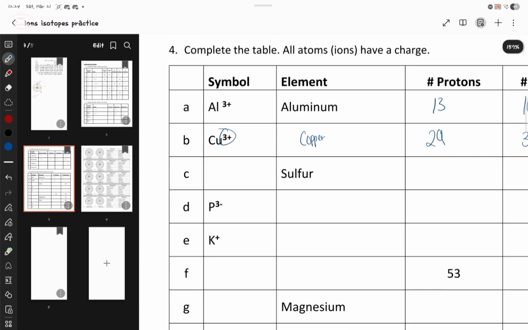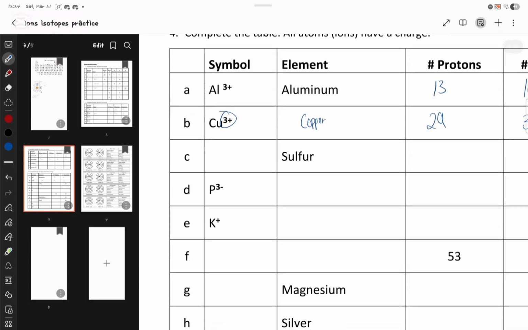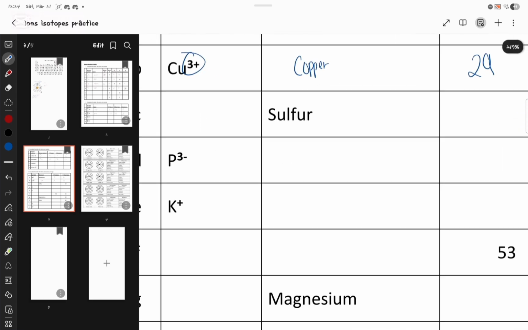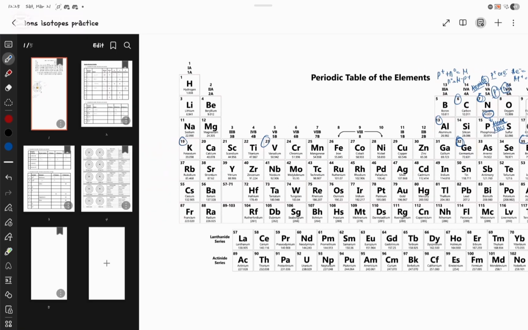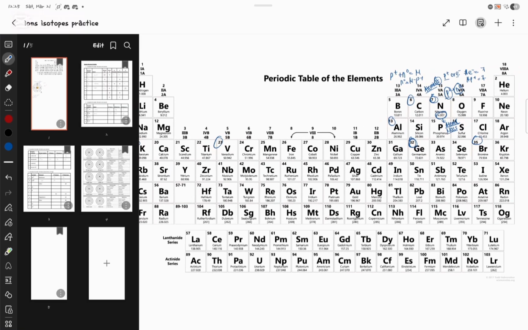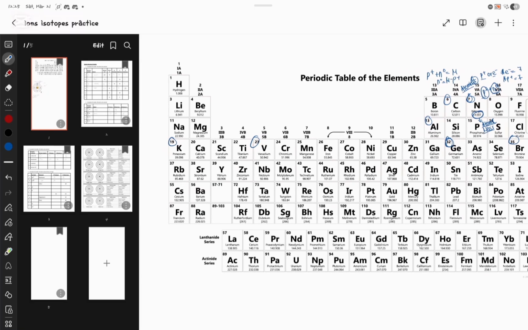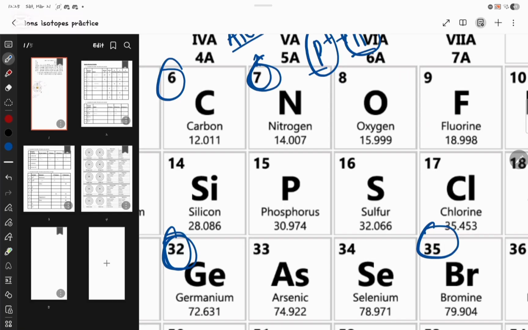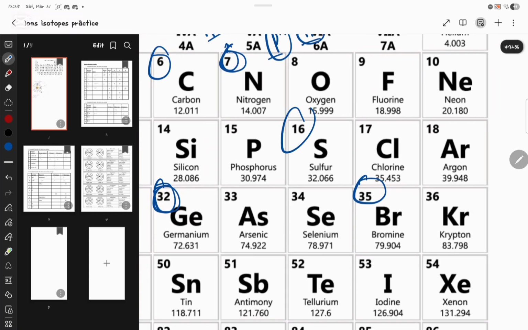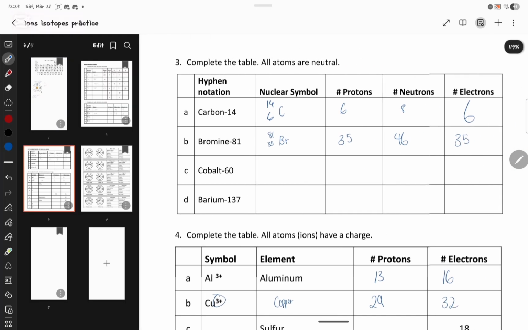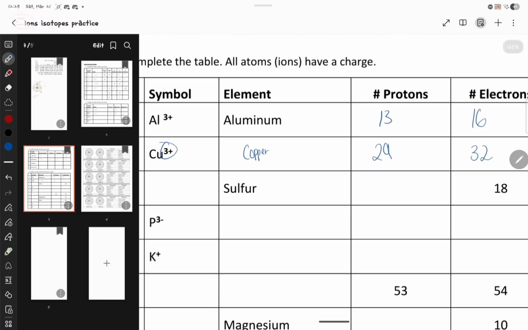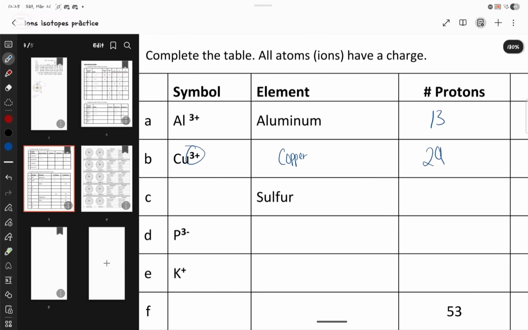Sulfur. So a few more. Let's go find sulfur. I can't seem to find it. Where is S? Okay, so 16 as your atomic number.